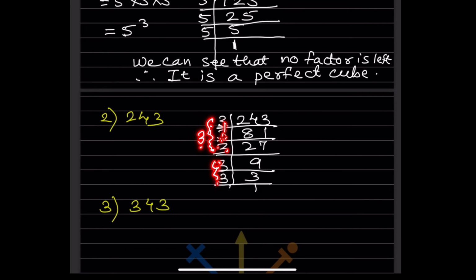This is one group, but you can see one 3 is missing. So we can say this is not a perfect cube.